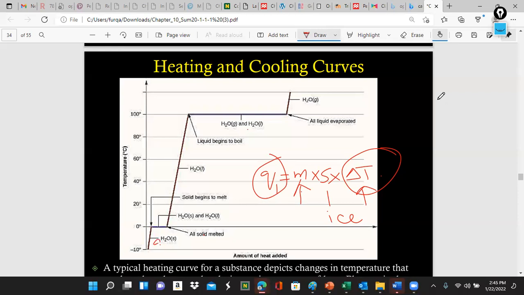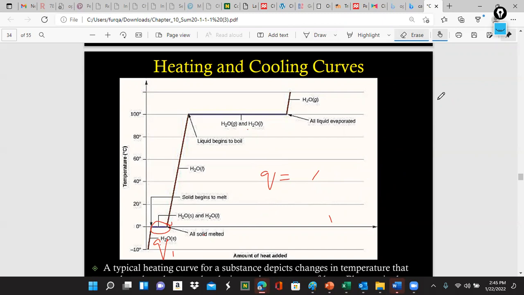Okay, in different steps. But what about this one? Because there's no temperature change here, we cannot do this, but we need to get that amount of heat as well, which is being absorbed by the sample. So what scientists have done, they have devised another formula for this kind of heat, which we can call heat QX1, where they just took the number of moles of the substance and multiplied it by the literature value of heat.